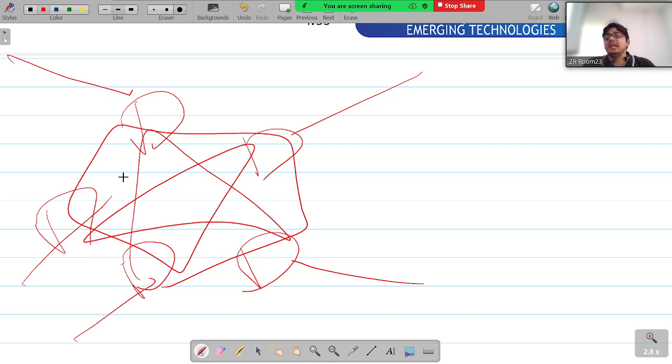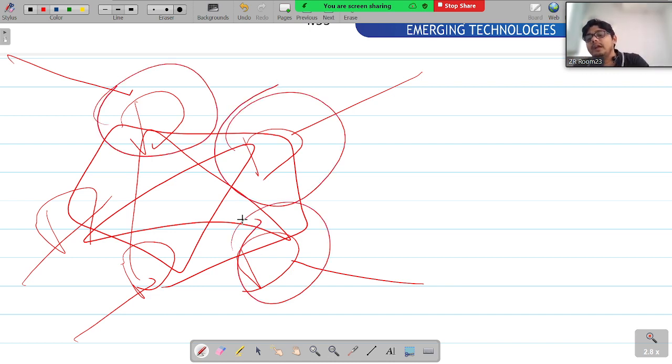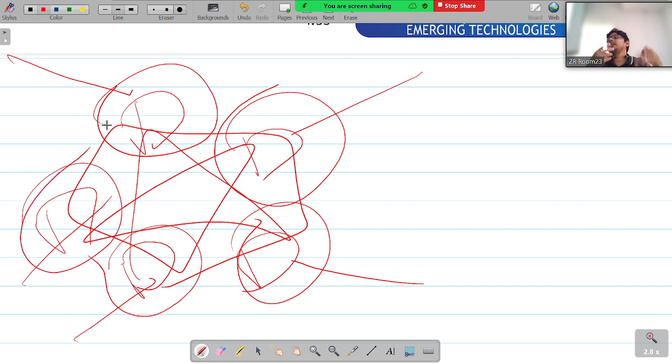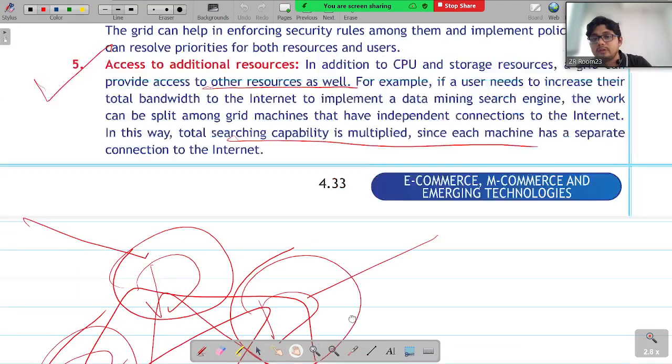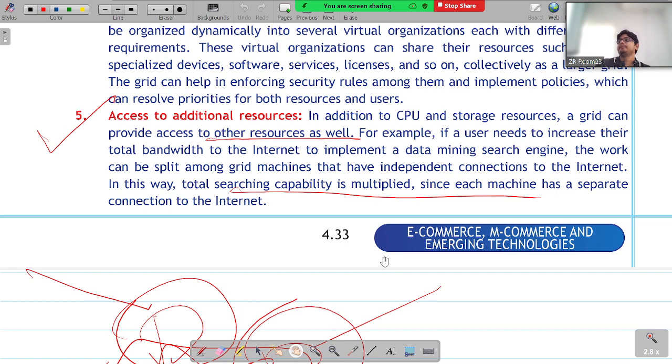So if I am searching anything here, I can split my work, give half the work to him and him. So the searching capability will be much faster. Correct? That is called using extra additional resources like internet.